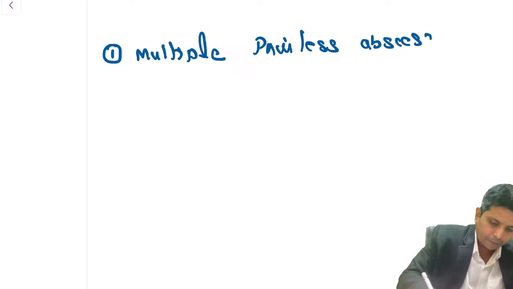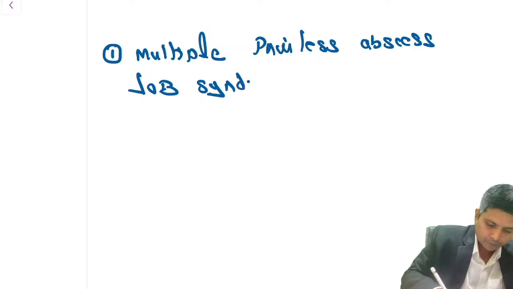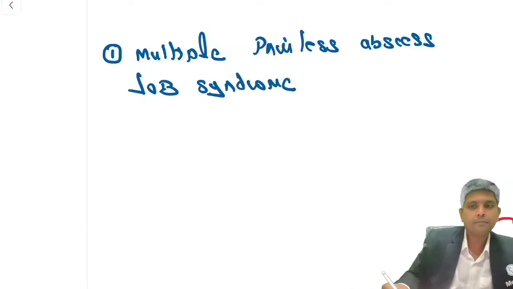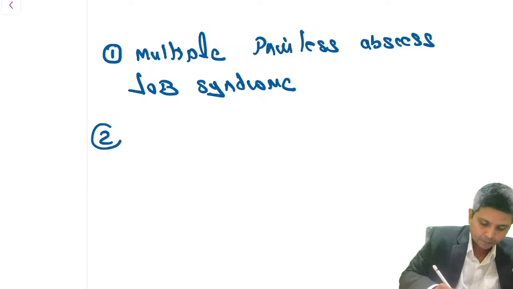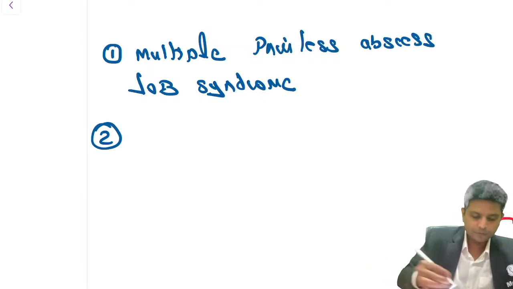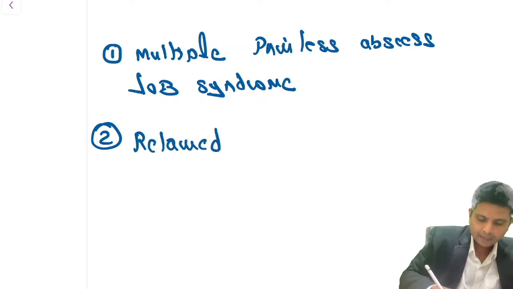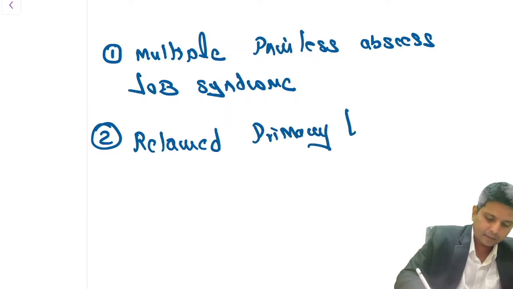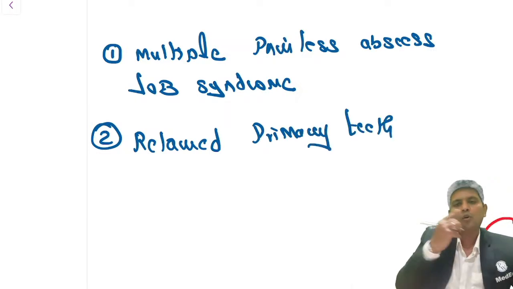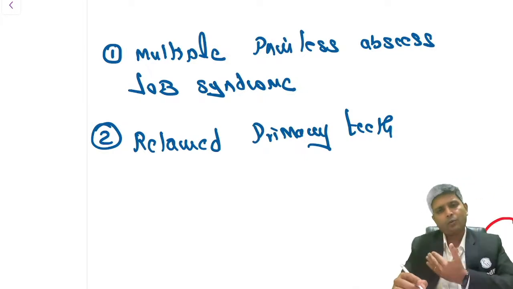That multiple painless abscess is called Job syndrome. Second point is you have retained primary teeth, so that you will have a double row of teeth, one row temporary and one row permanent.